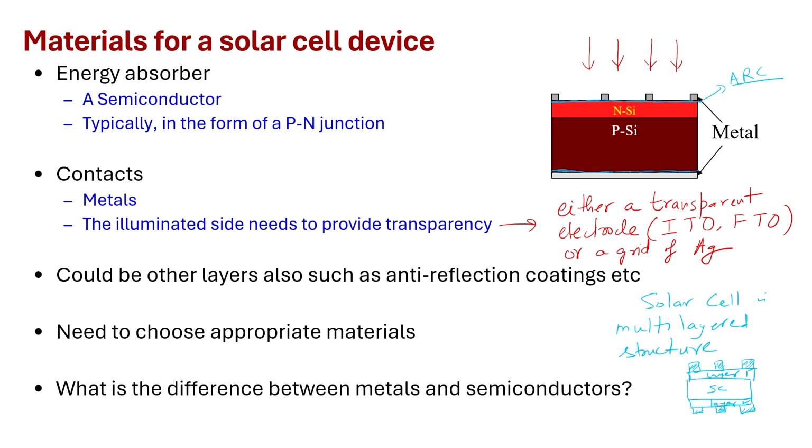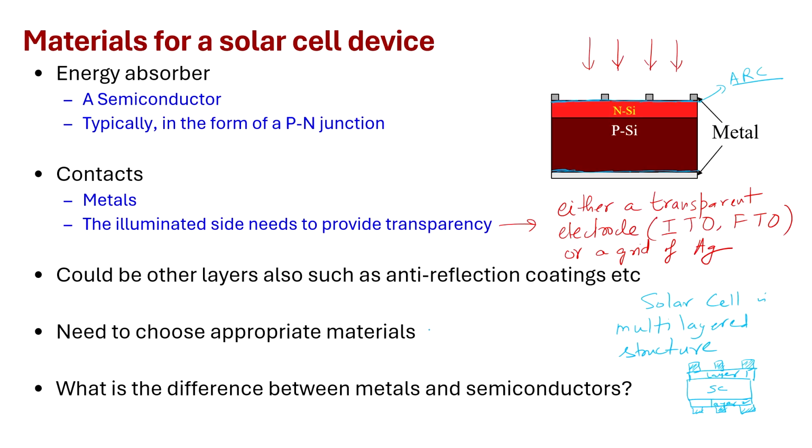So that is why there is a need to understand materials so that you can choose appropriate materials, because it's an electrical device. As a result, the alignment of what we call energy bands with respect to each other is extremely important, and that is why you need to understand the bands and materials.